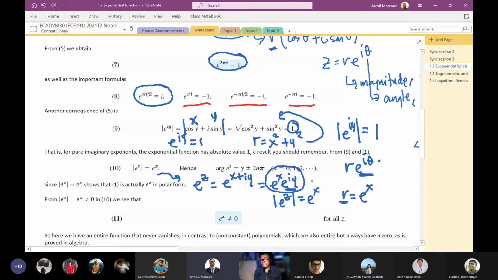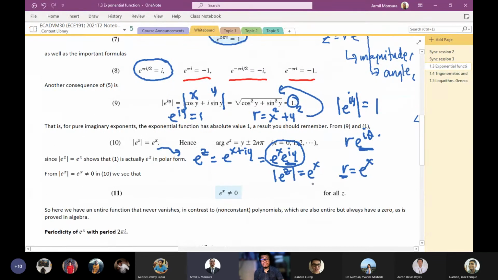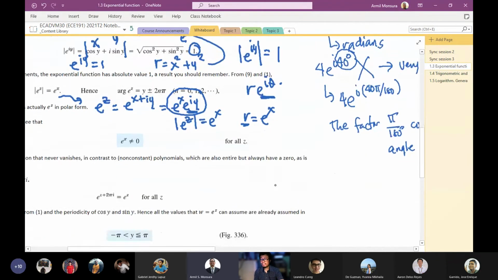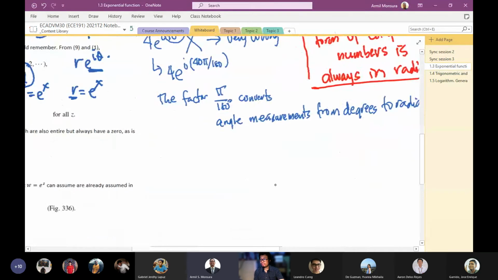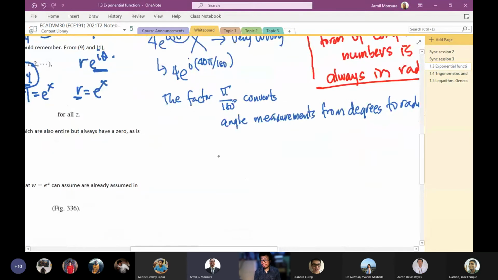Now, there is something special with regards to the angle of this number, the angle of e raised to z. So, ito yung special thing about that. That e raised to z, again, is equal to e raised to x times e raised to iy.